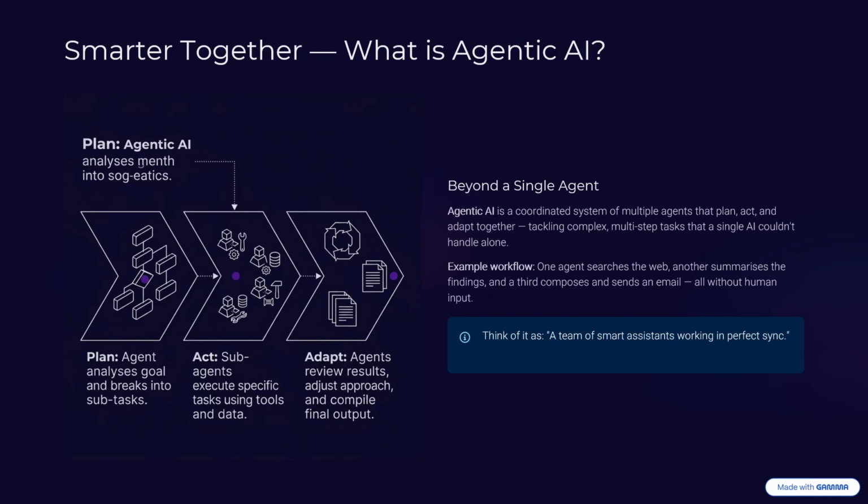The third one is good in sending emails, and it is going to send the emails. So this is how different agents have their own work, and they will meet together and solve a goal. So that's about agentic AI.